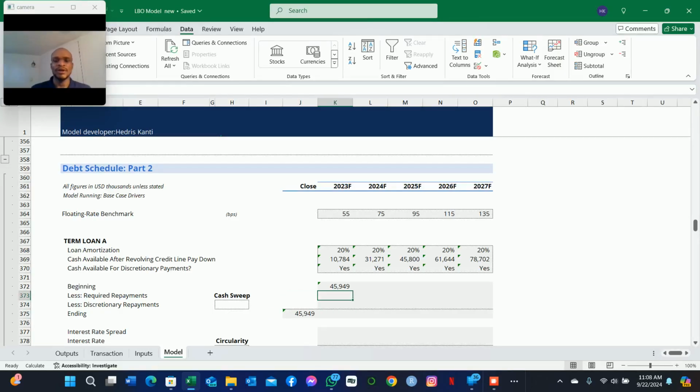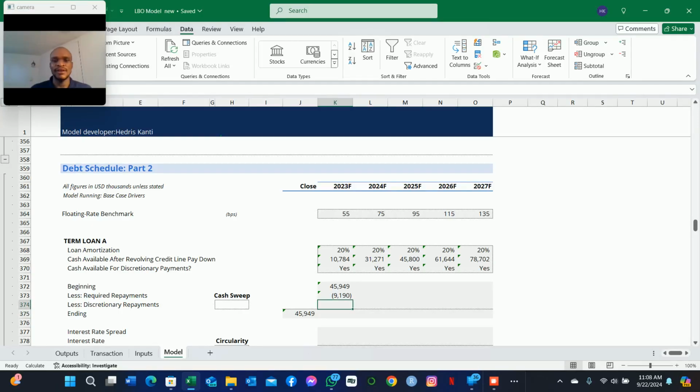And then for the required repayment, it's going to be equal to the negative of the minimum of this amount, which we're going to be depleting by 20%. So we reference that with F4 and multiply it by our assumed amortization for this term loan A. So we are paying that amount off, or whatever is left of the beginning balance. That's exactly what we are doing here.